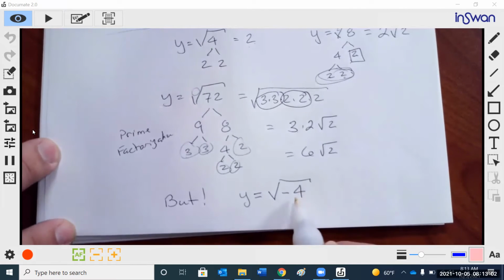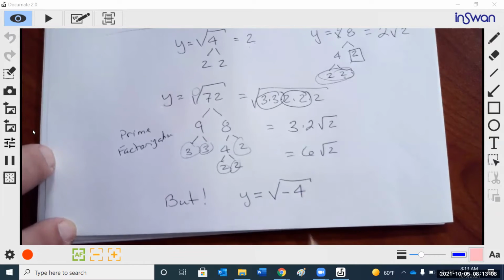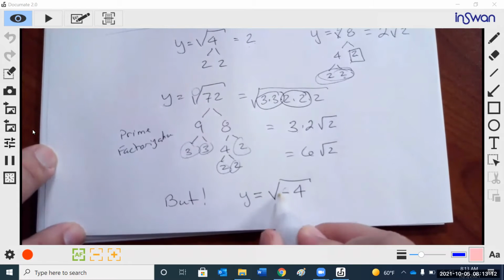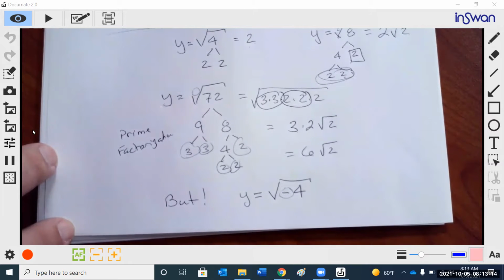Can't, well, -2 times -2 does not equal -4. 2 times 2 doesn't equal -4. So now we have a problem, because we cannot take a square root of a negative number.